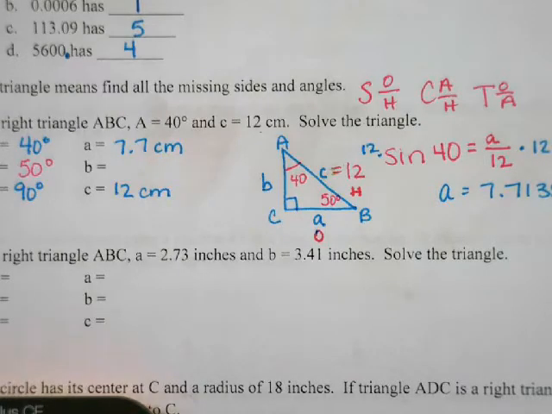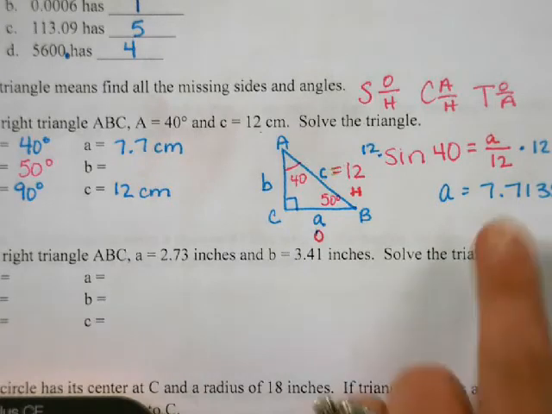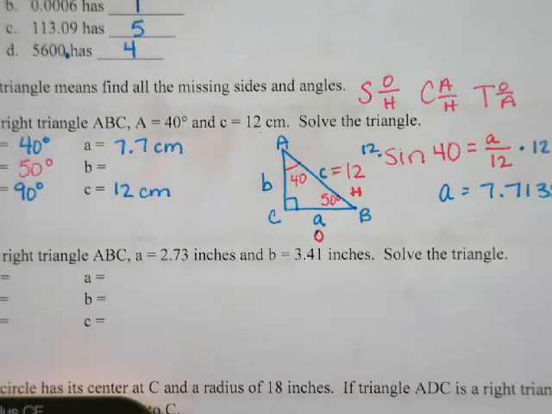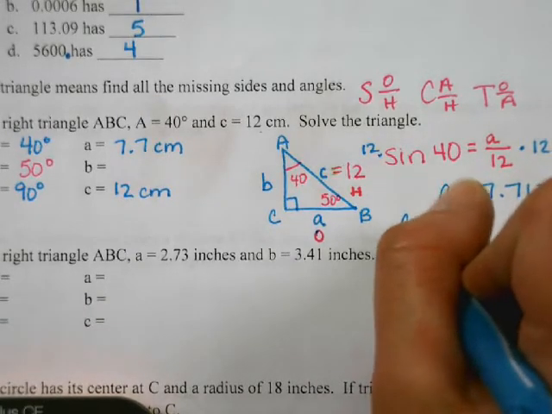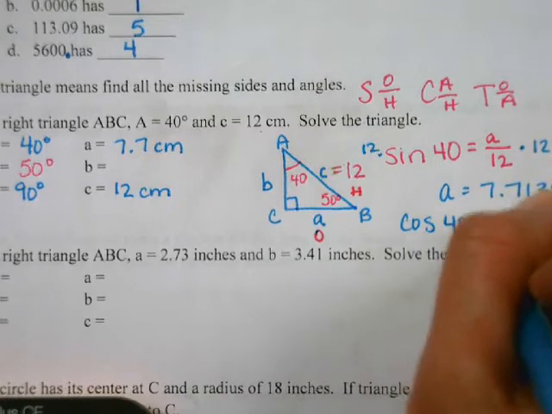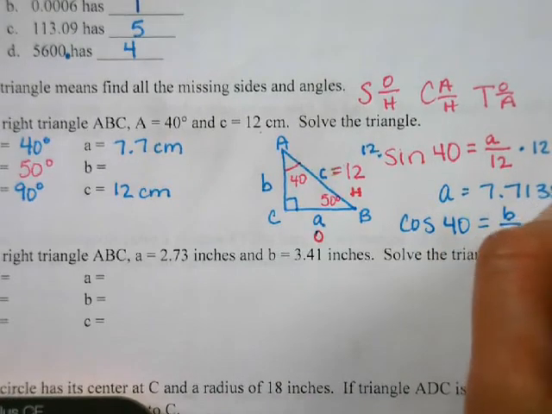But I want you to realize that when you do that, sometimes you introduce rounding error. Okay, dokie? So just be careful. Like I said, I'm not a stickler on sig figs, so it's totally up to you. I'm just going to go straight back to what I was given. So I'm going to say cosine of 40 is equal to B over 12.